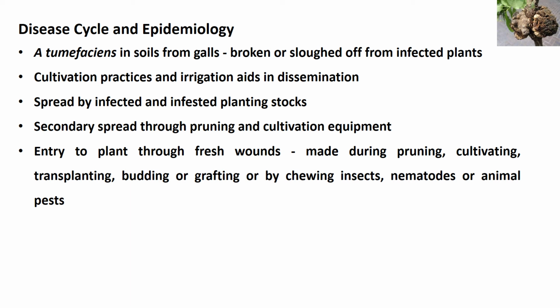Secondary spread of the disease occurs during pruning and from cultivation equipment. The pathogen enters the plant through fresh wounds made during pruning, cultivating, transplanting, budding or grafting procedures, or through wounds created by chewing insects, nematodes or animal pests.